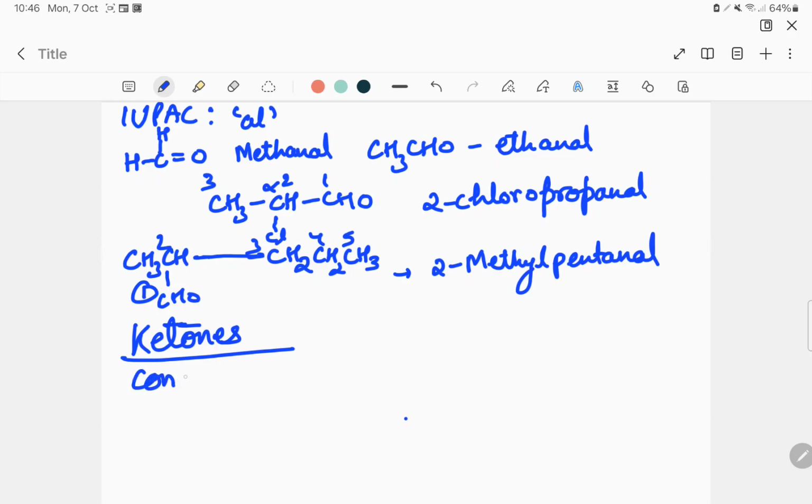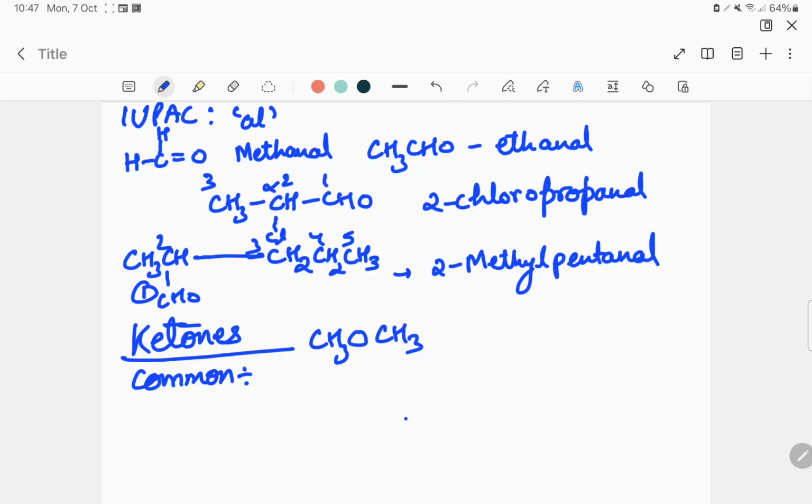Ketones. If we have CH3 CO CH3, in this case, both the alkyl groups are the same. So this is going to be known as a simple ketone, symmetrical ketone.